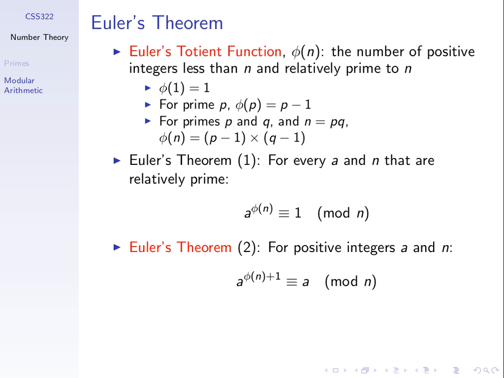So they are relatively prime. 2 and 5, also relatively prime because, again, greatest common divisor of 1. 3 and 5? 4 and 5? Relatively prime. There are 4 integers less than 5 which are relatively prime with 5. So the answer here is 4.